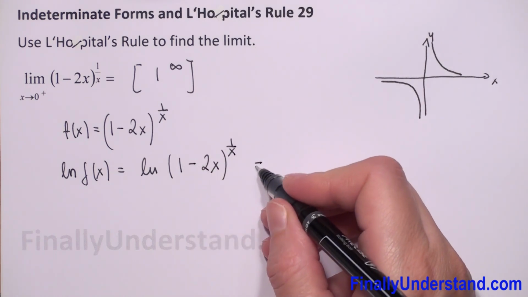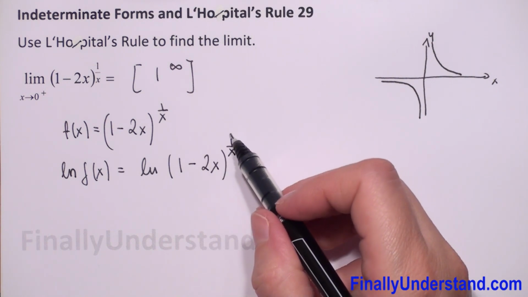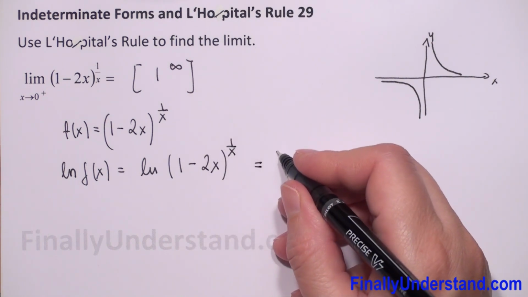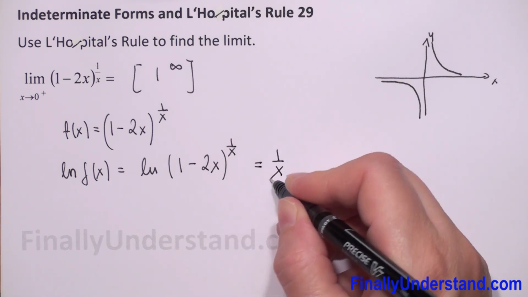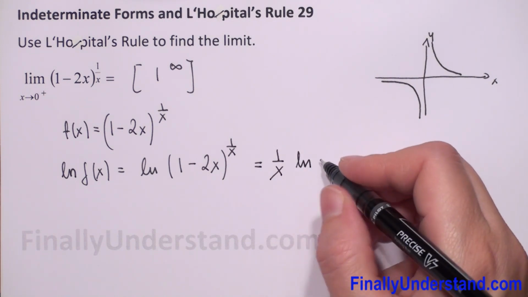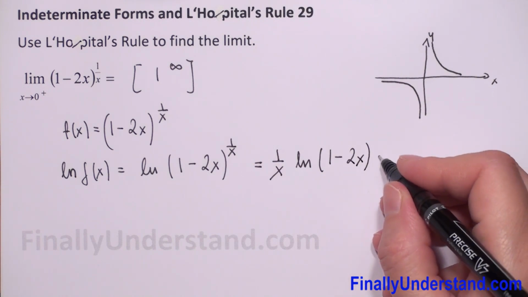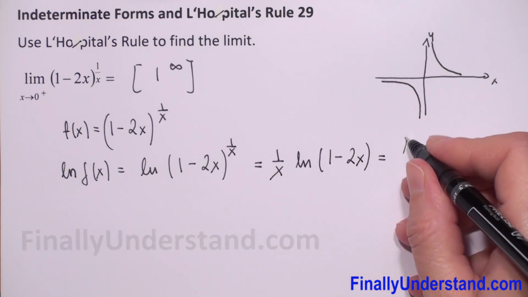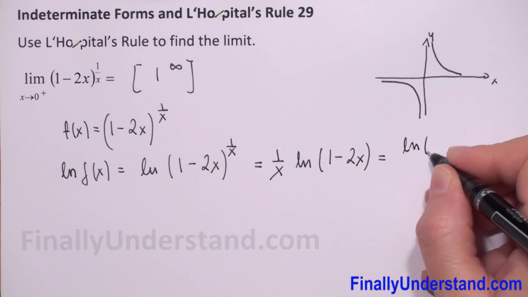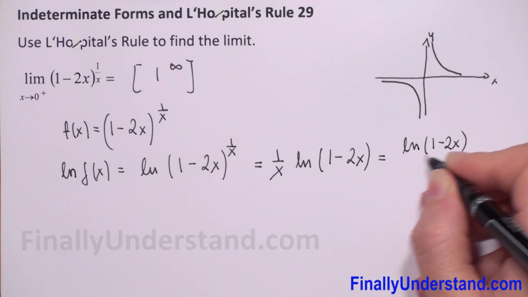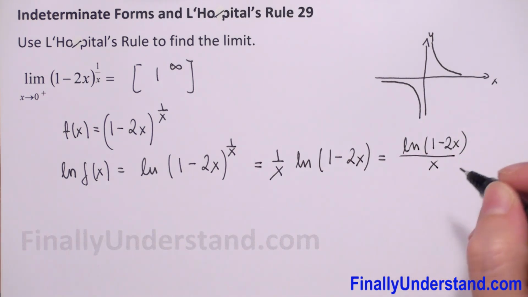Now we will use properties of logarithm and we can take down this exponent, so we have 1 over x times natural logarithm of 1 minus 2x. We can rewrite this as natural logarithm of (1 minus 2x) over x.